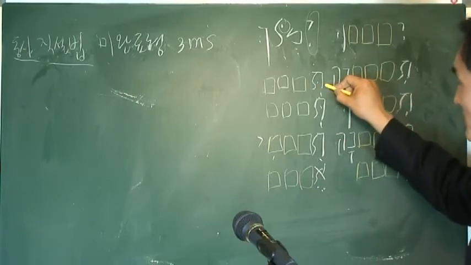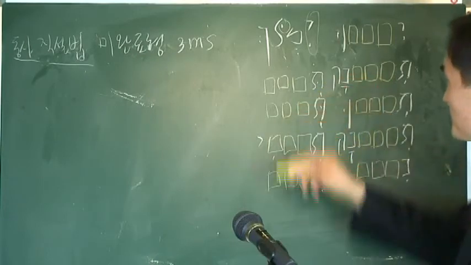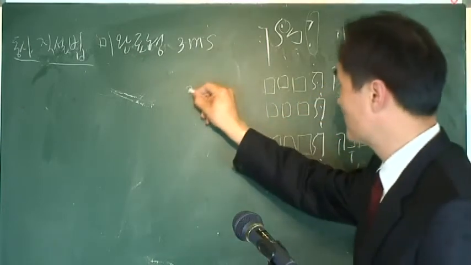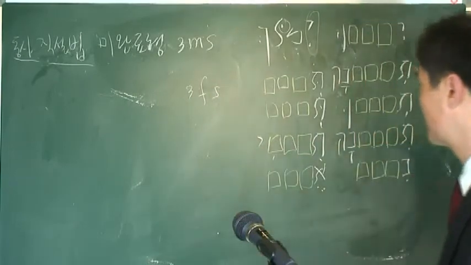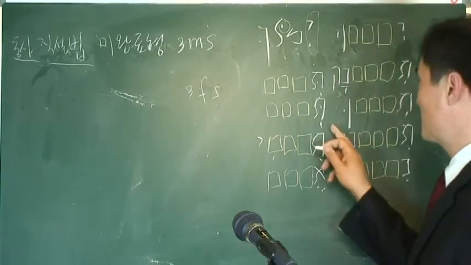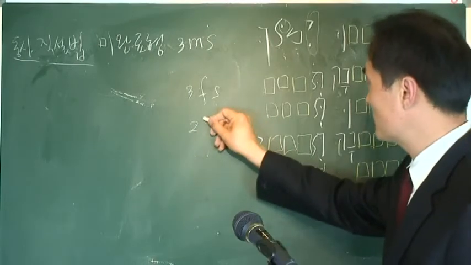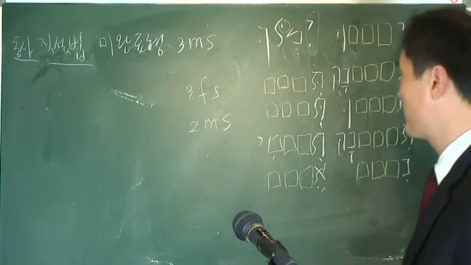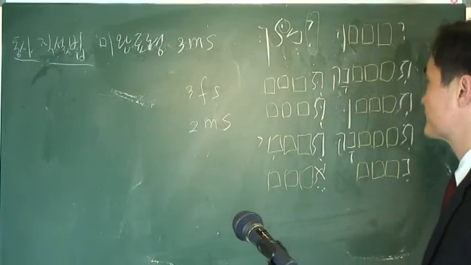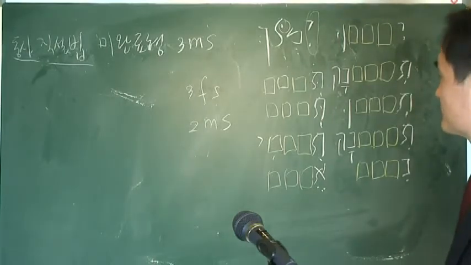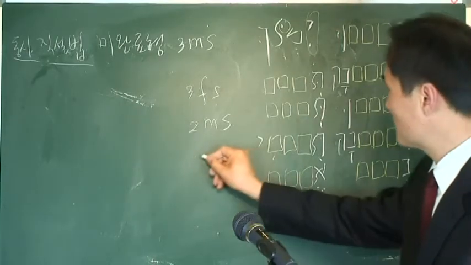Next, the third-person singular verb in the indicative imperfect form. Next, the second-person masculine singular verb in the indicative imperfect form.